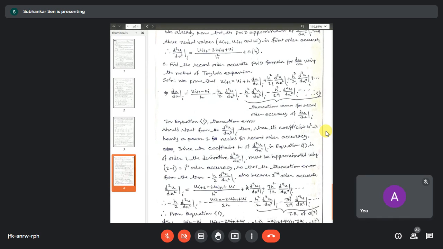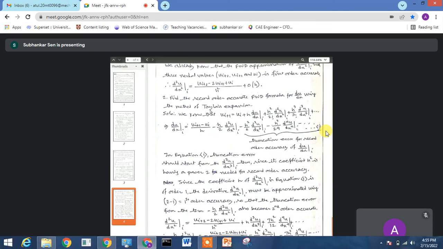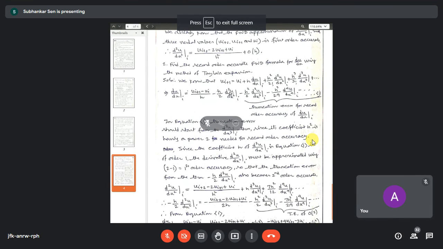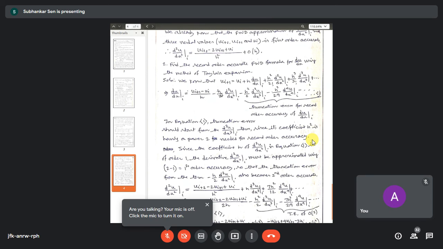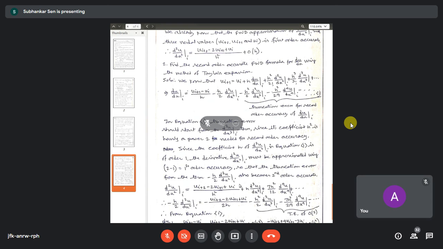Now what happens when you multiply with h, because we have one h here? This is d2u dx2 and this is d2u dx2, but you have to multiply with minus h. When you multiply with h, this h will be multiplied with all the terms, this expression plus the truncation error terms.